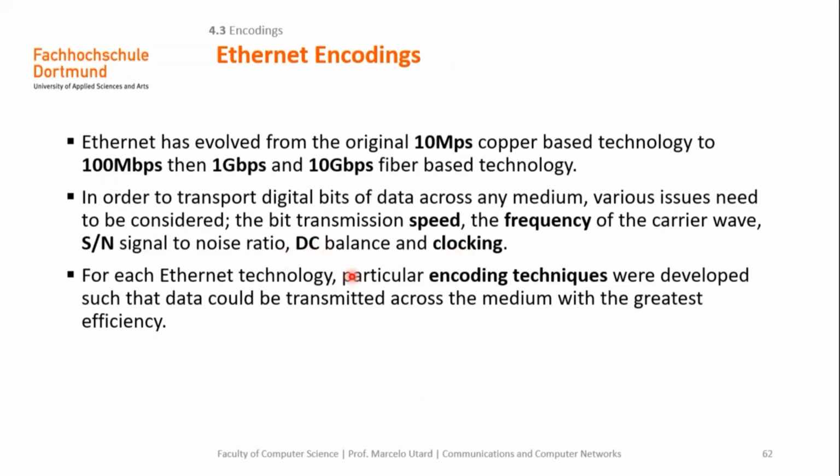For each Ethernet technology, particular encoding techniques were developed such that data could be transmitted across the medium with the greatest efficiency. The idea is to be able to transmit a faster information rate using the same particular media with a particular bandwidth.